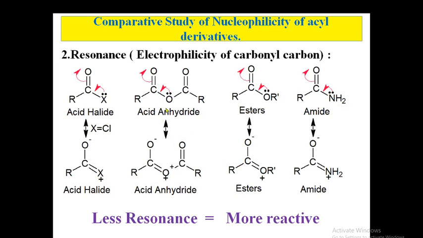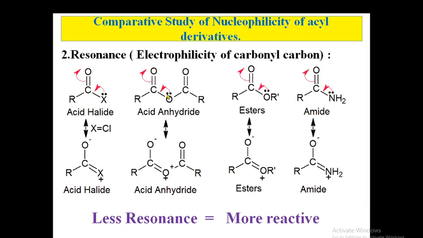Now let's see acid anhydrides. In acid anhydrides the case is also the same as in esters. Oxygen can donate its electron pair to the carbonyl, but due to the presence of an extra carbonyl group, this resonance can be split into the other carbonyl. This oxygen has a choice, so it can go to this carbonyl as well as to this carbonyl.